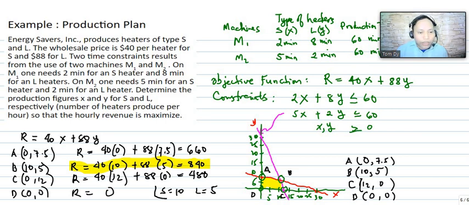That means we're going to produce this type of heater: for S type, we have 10, and for L type, we have 5, in order to maximize our profit per hour, which is equivalent to 840. So this is an example of a maximization. We maximize our profit by producing 10 S type of heater and 5 L type of heater.